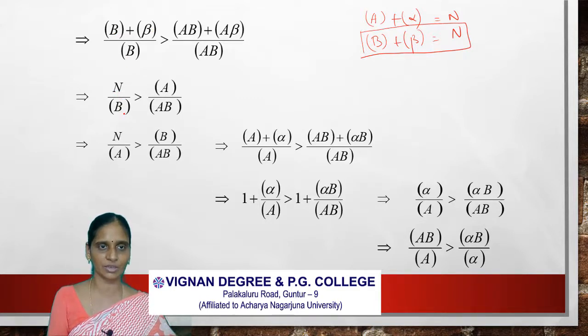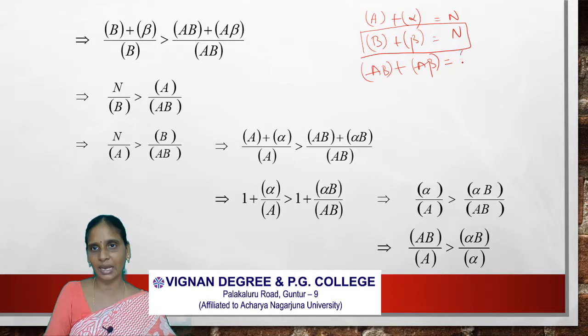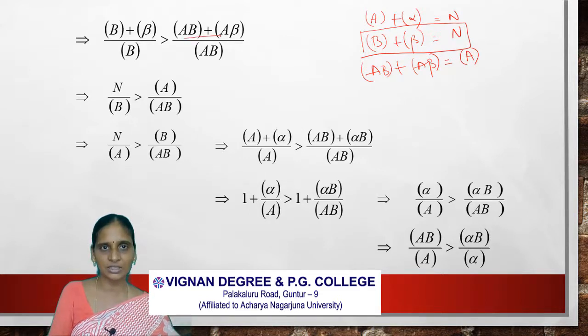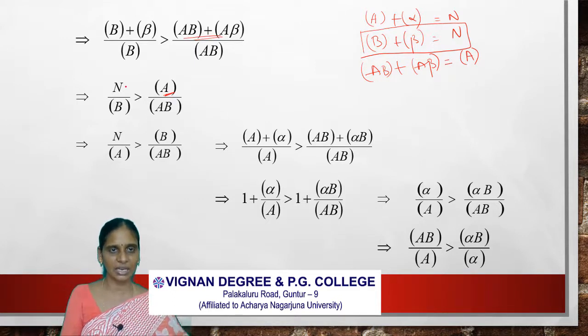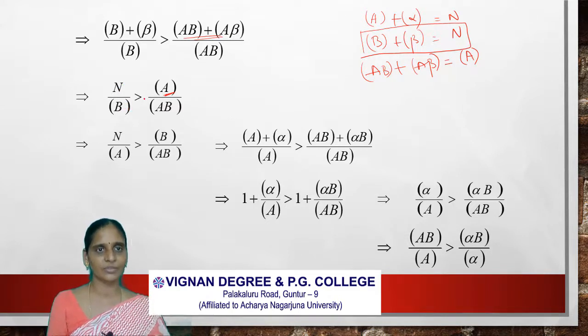N divided by frequency of B, which is greater than, and then frequency of AB plus frequency of A beta. So this expression can be written as frequency of A. Then we get the expression like this: N divided by frequency of B, which is greater than frequency of A by frequency of AB.